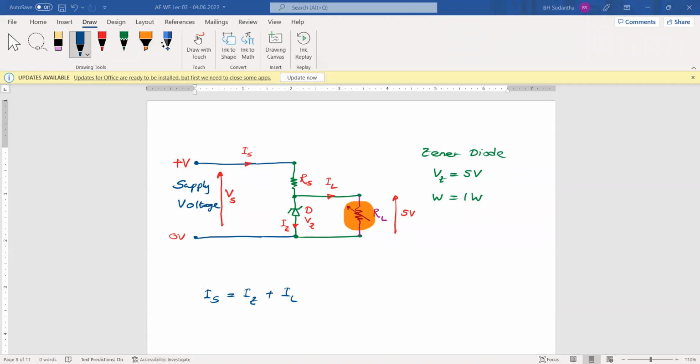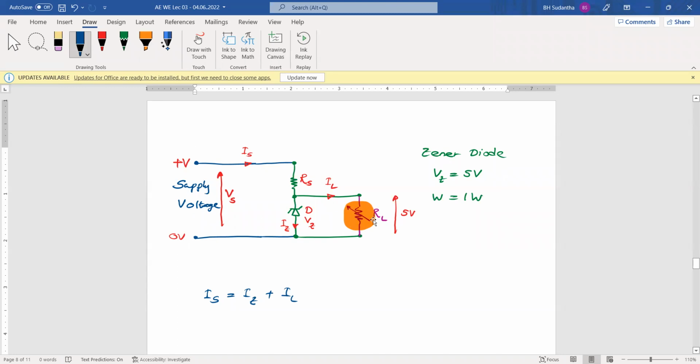This load current can vary. Why? This RL is varying, because of that IL will vary. Depending on the RL, IL will vary.